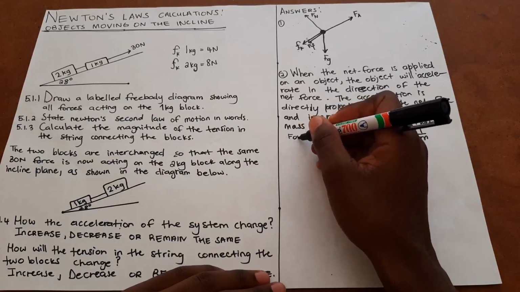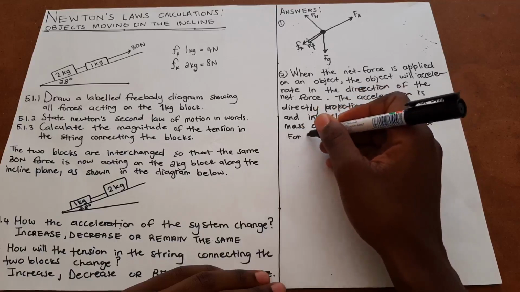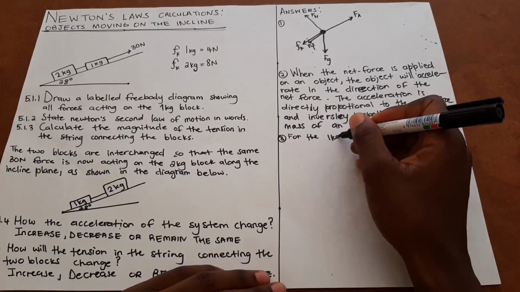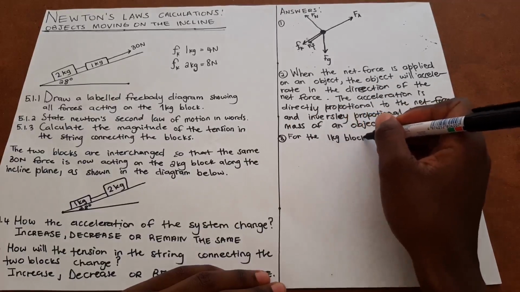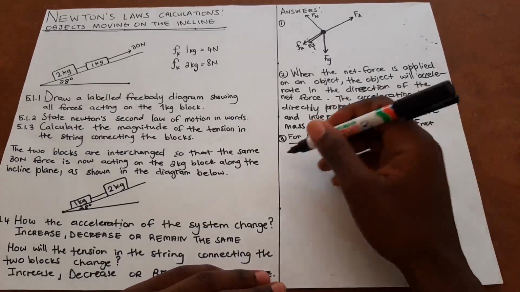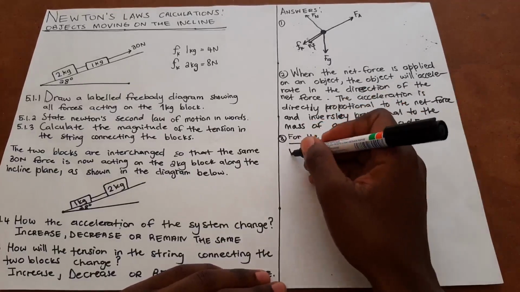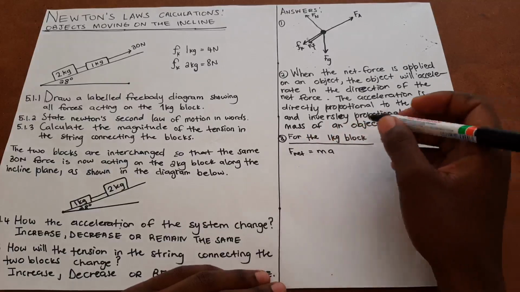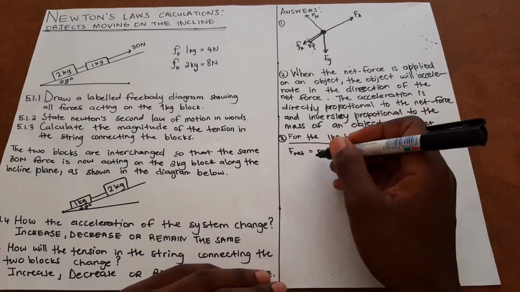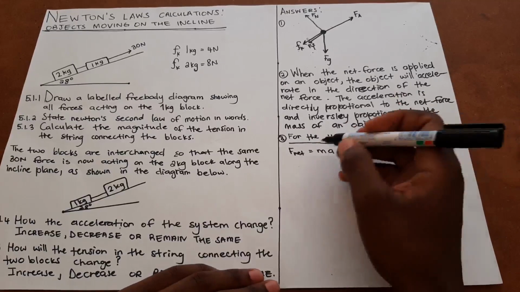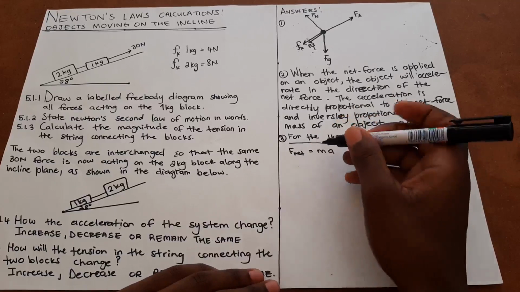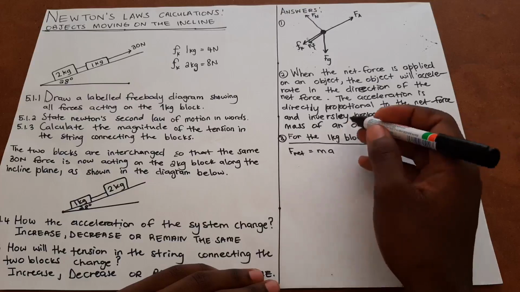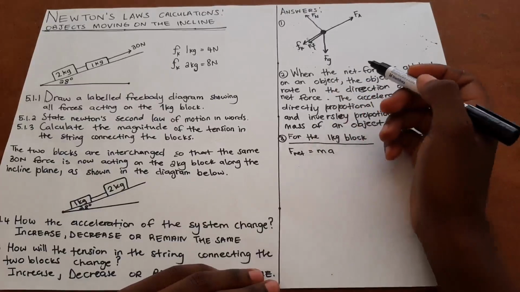So this is number 3, for the 1 kg block, the net force is equal to MA. You know all the forces acting on that 1 kg block.